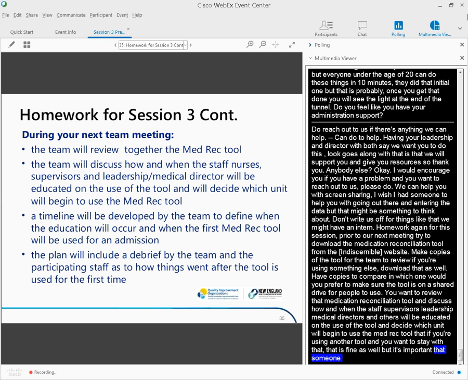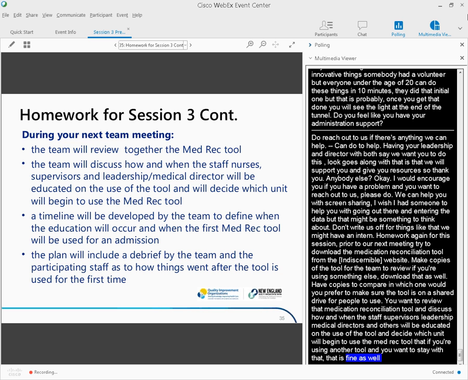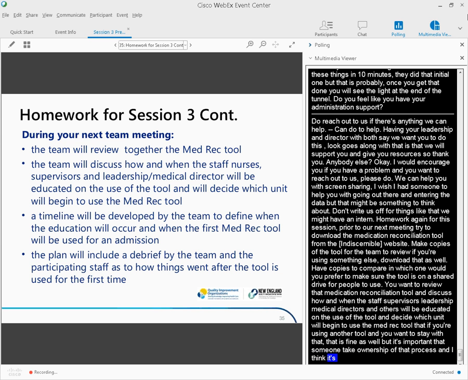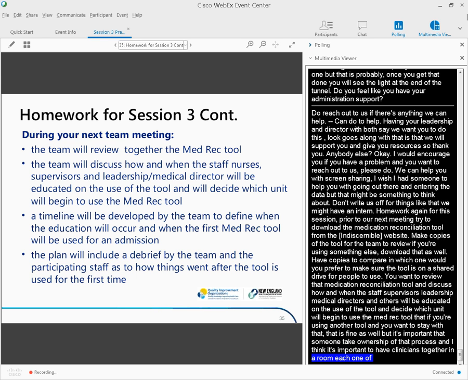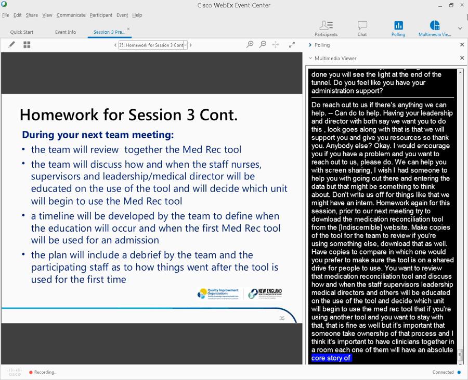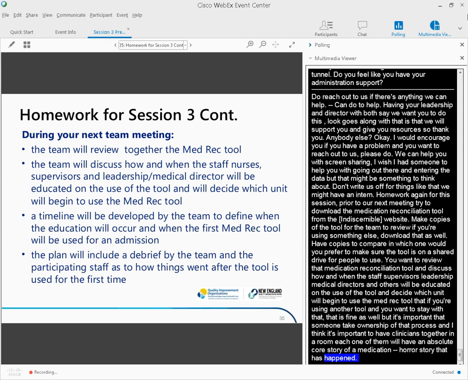And I think if you put 10 long-term care clinicians together in a room, each one of them will have an absolute horror story of a medication adverse event that happened during care transition. It's so easy to occur, and it takes some time and thought to prevent, but we've all been there.